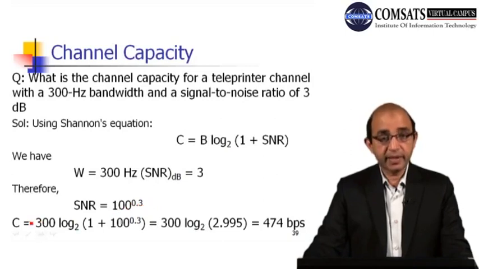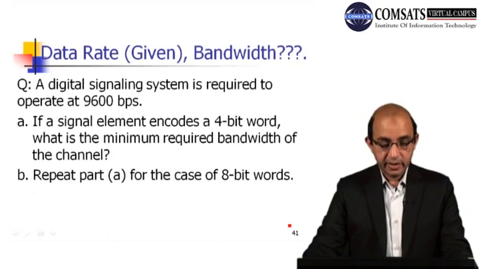So we have to replace the values over here: bandwidth B 300 Hertz, and this signal to noise ratio of 3 dB. After calculation we got the channel capacity, that is 474 bits per second.